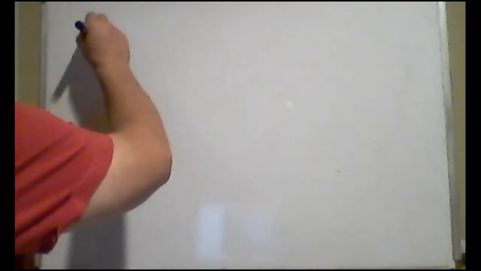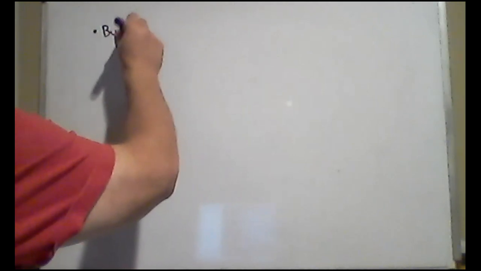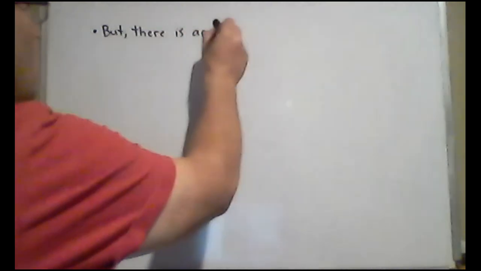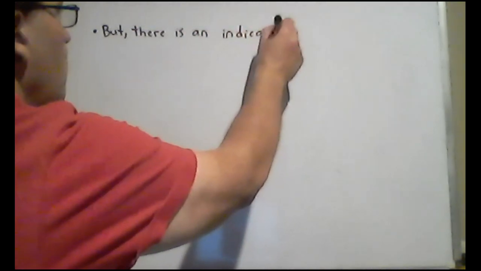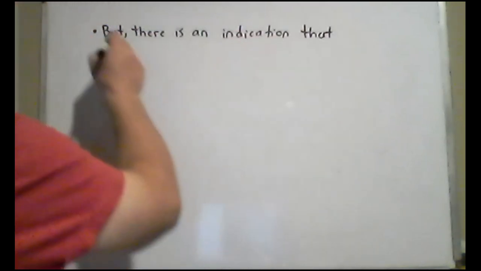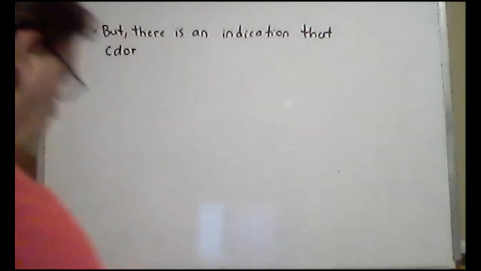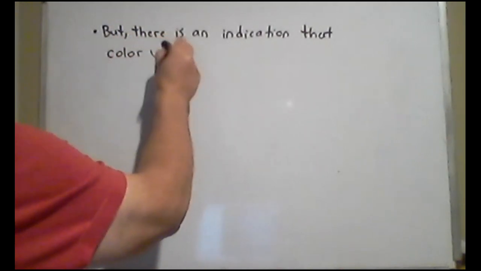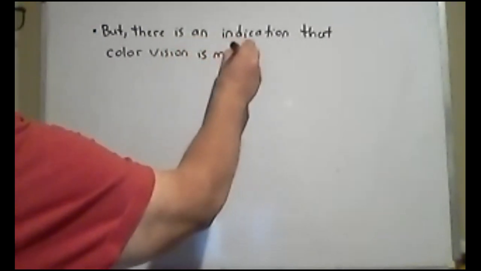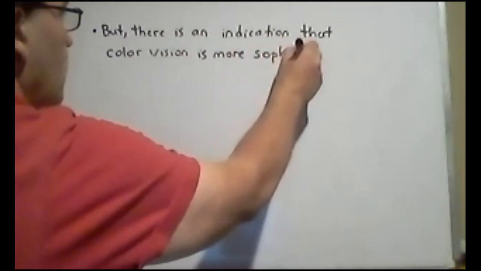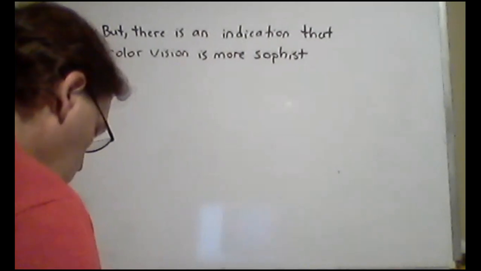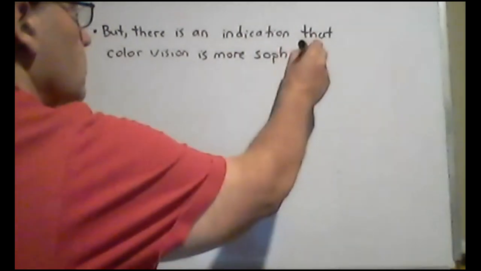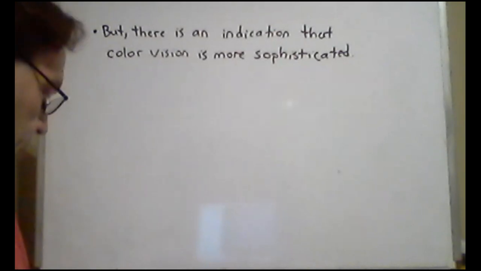All right, so there is an indication color vision is more sophisticated. There is no unique set of 3 primary colors.